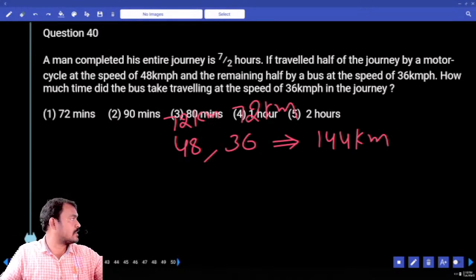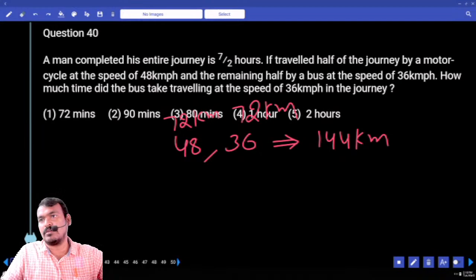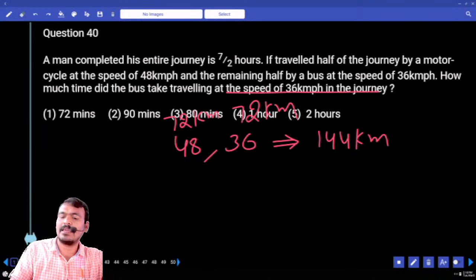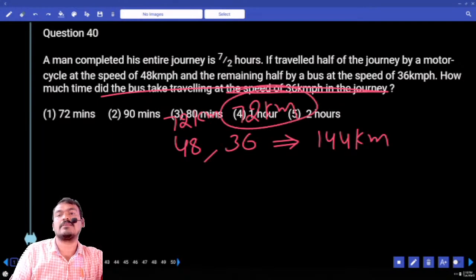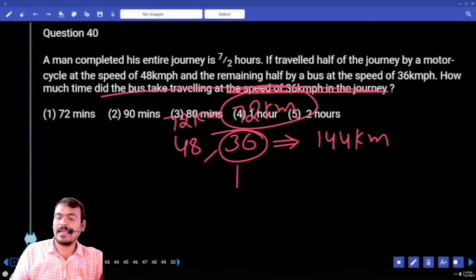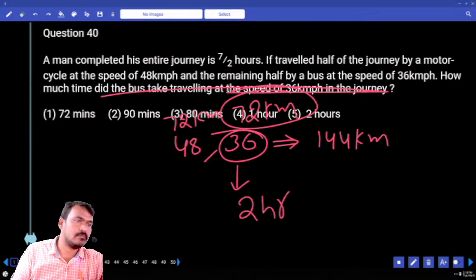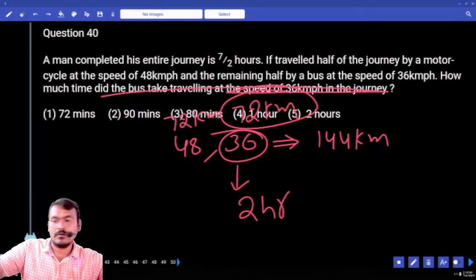First one distance 72, second one distance also 72. But we required second case time or first case time? Second case time. What is the second case distance? 72. What is the second case speed? 36. Then time will be 2 hours or not? Okay. Which option? Fifth option.